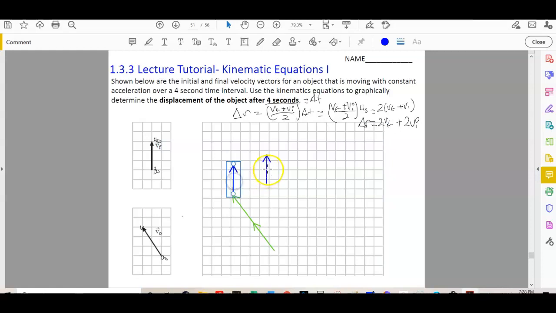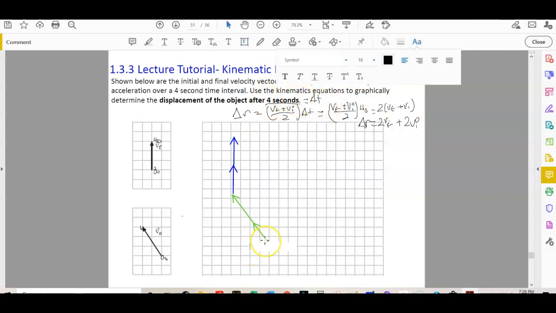So I'm going to align this, and then align this. I'm going to put some labels on some things too, right? Because again, delta r is equal to 2v final plus 2v initial, in this case, since delta t is 4 seconds. So this is going to be the initial velocity vector.